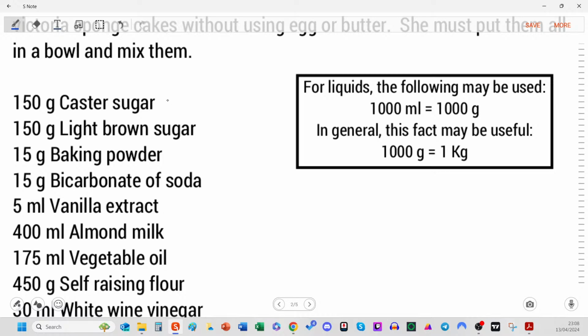Therefore, we might want to convert some of these. Hold on, let me adjust my microphone. Okay, didn't like that. Felt like I may have just broke my microphone.